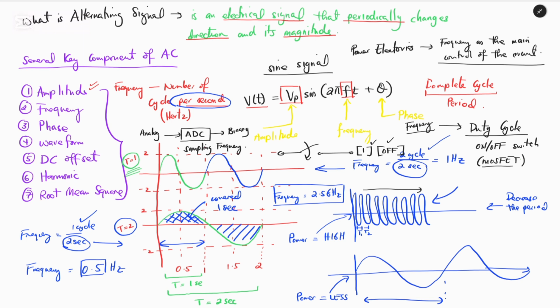Because when we convert to a digital, at the end of the day, we want to reproduce this analog signal. Therefore, by choosing the right sampling frequency, we can fully recover the analog signal that is being stored.